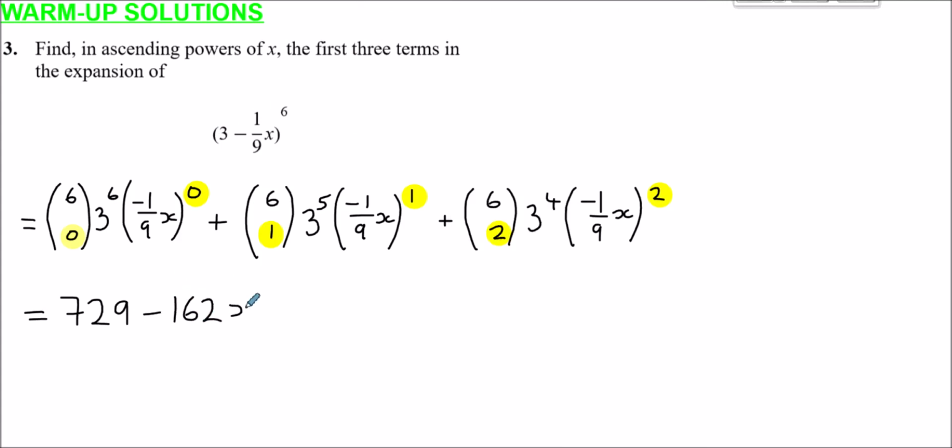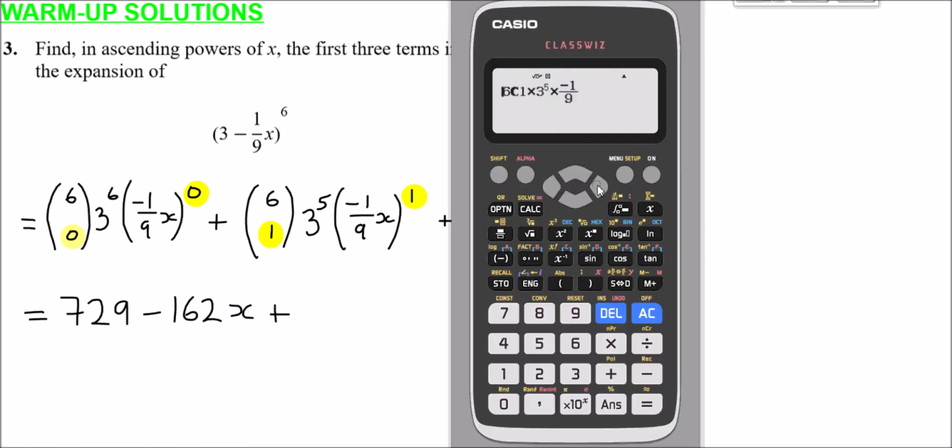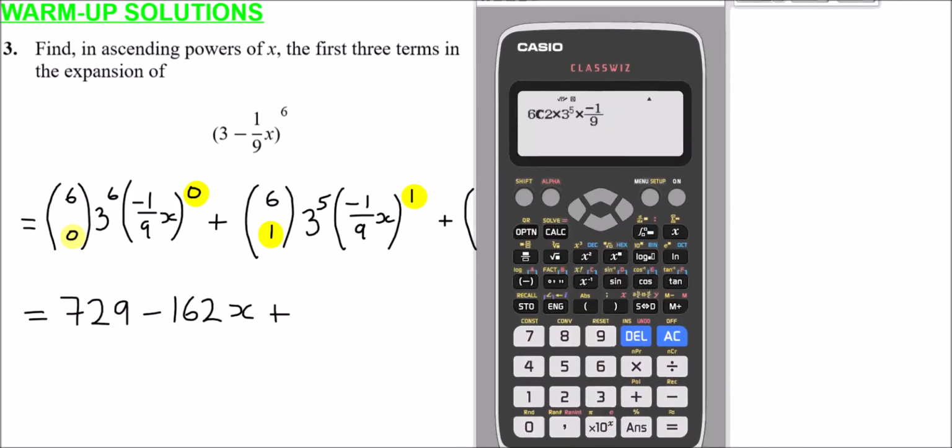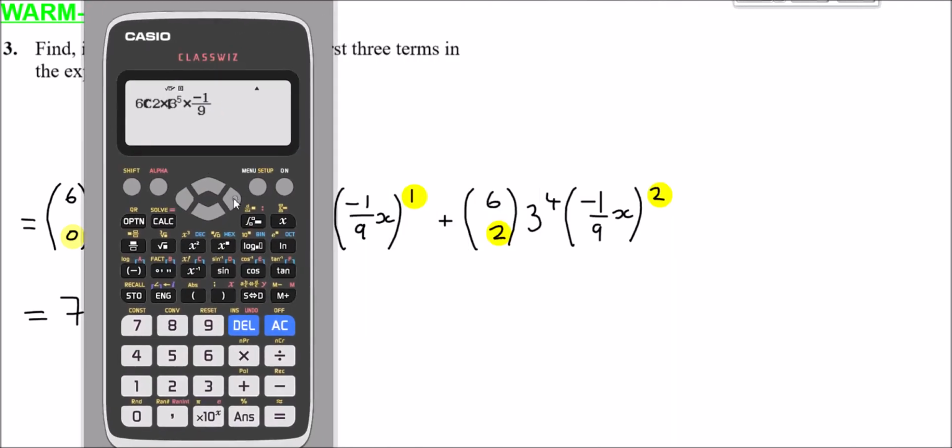So minus 162x. Then this thing here, we've got 6 choose 2. So it's going to be 6, choose 2 on the calculator, so 6, choose 2, multiplied, let's give yourself more space, times 3 to the 4, and then minus 1 over 9 squared.